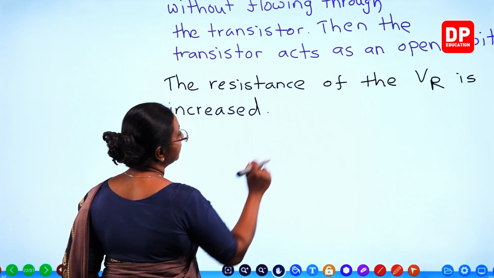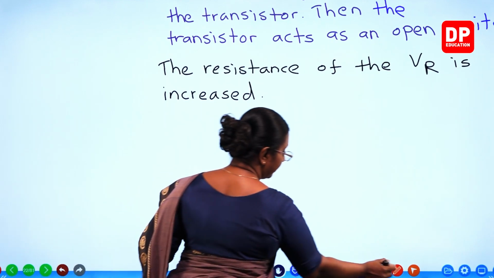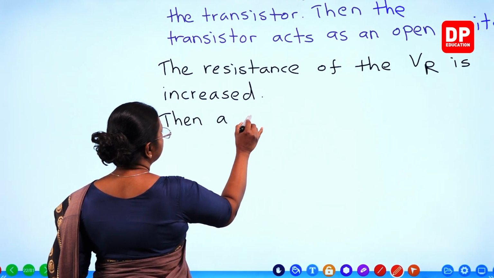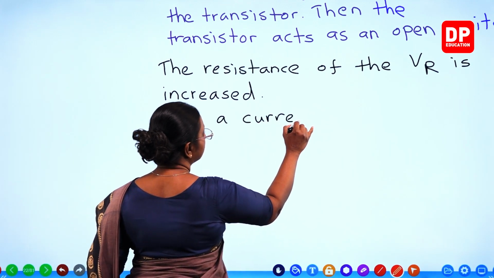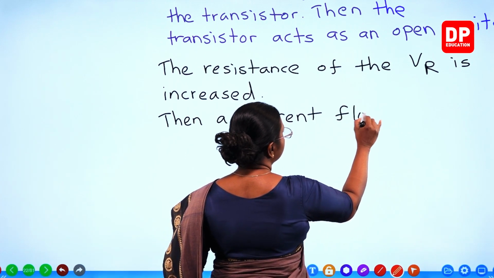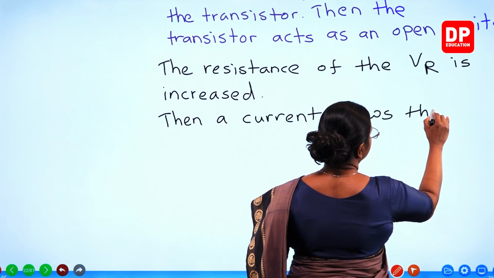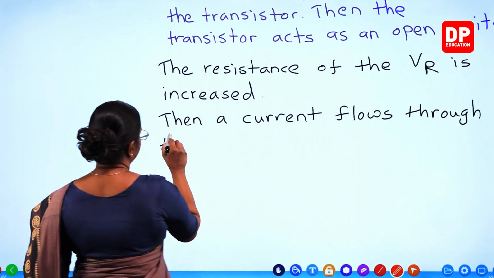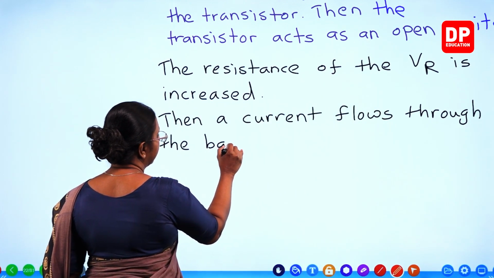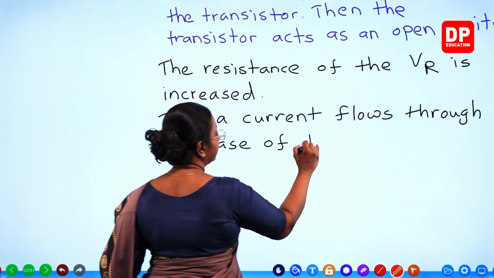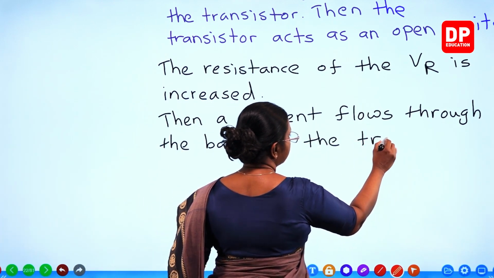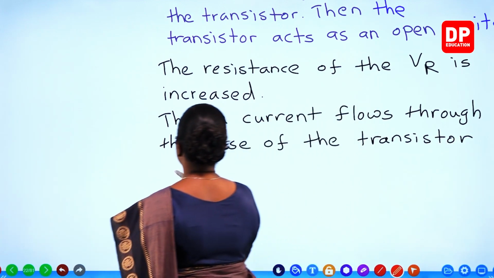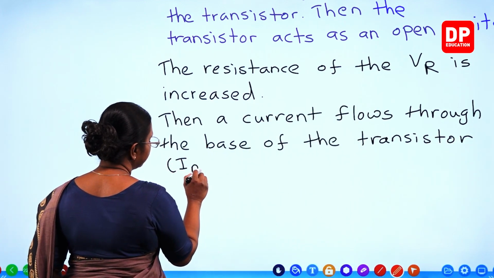The resistance of the volume control is increased, then current flows through the base of the transistor. That is IB.